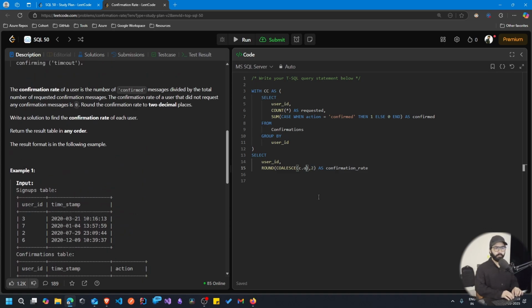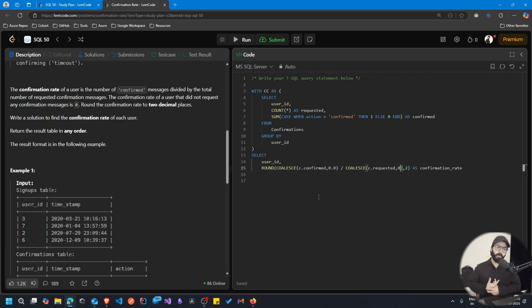So confirmed, if this is null, we will give it a 0, and this should be divided by COALESCE of c dot requested, comma 0.